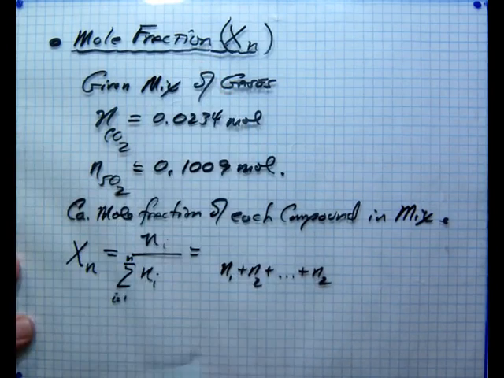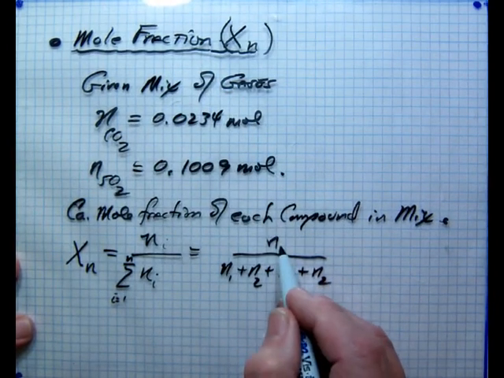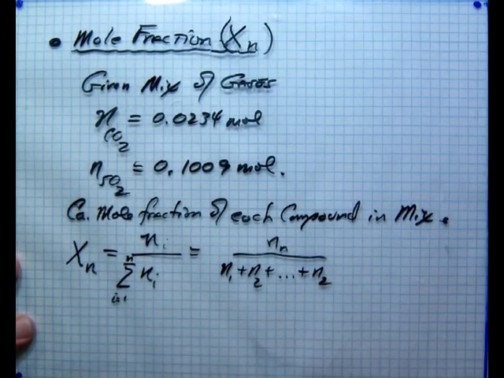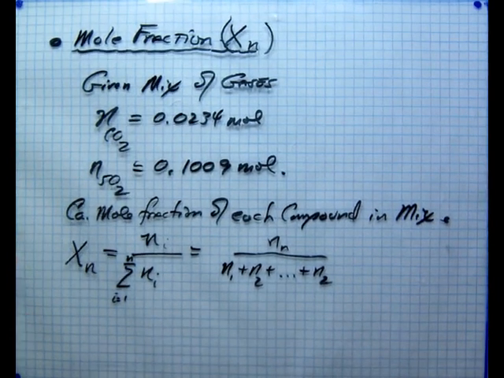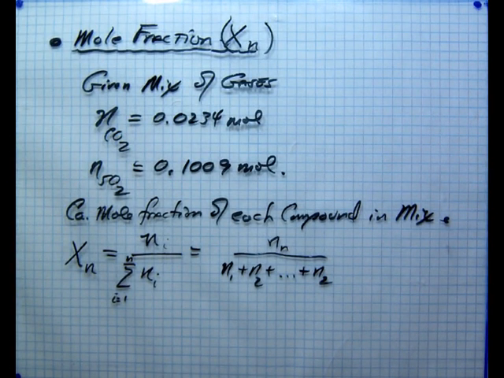We only have 2 here. If you're interested in a specific one, first, second, or third, it's N over the total, and that's your mole fraction. You don't multiply it times 100. Some people will do mole fraction percent, which is okay. It's really your choice when you're working with it.